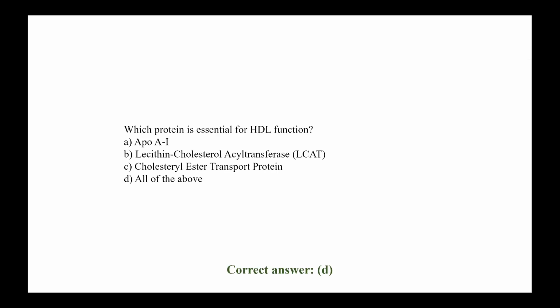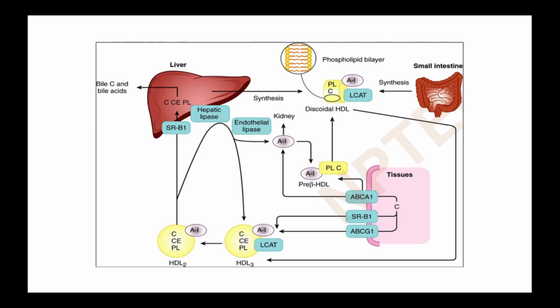So if you remember, pre-beta HDL has ApoA1 already attached to it. It will get converted from the discoidal HDL to HDL3 by the help of the enzyme LCAT, that is lecithin cholesterol acyl transferase, which will convert the cholesterol into cholesterol esters.